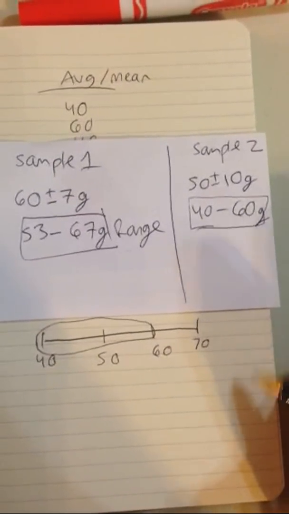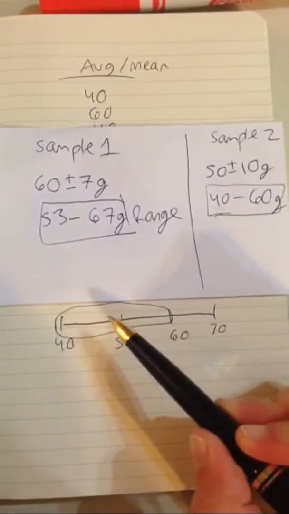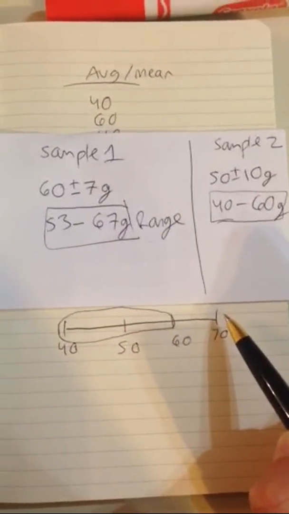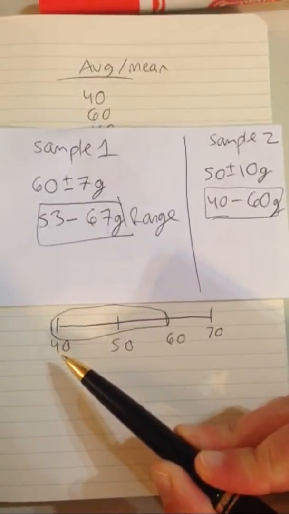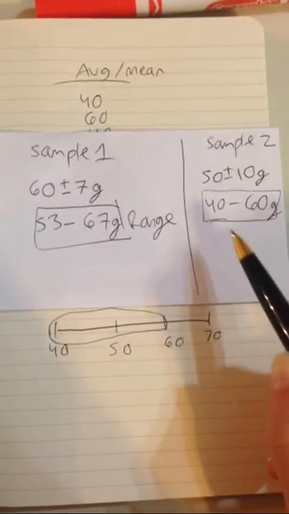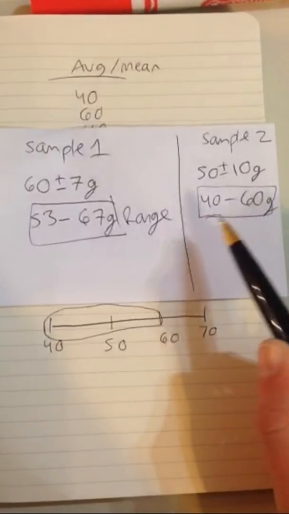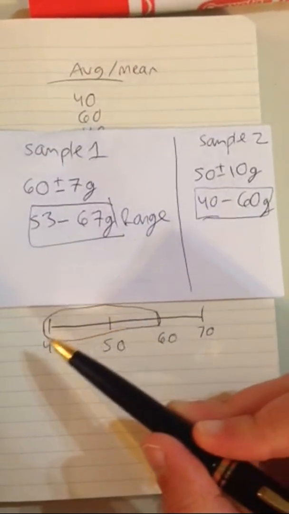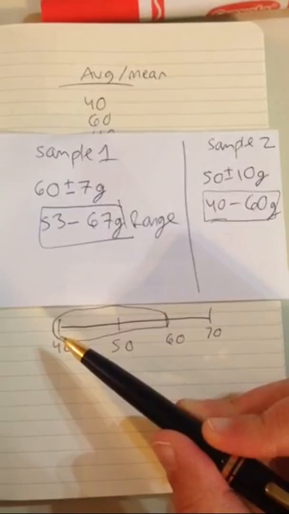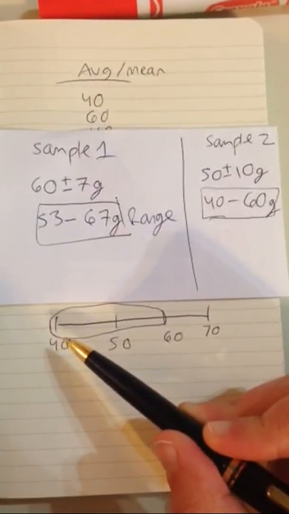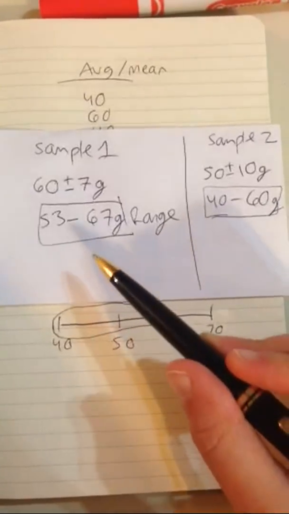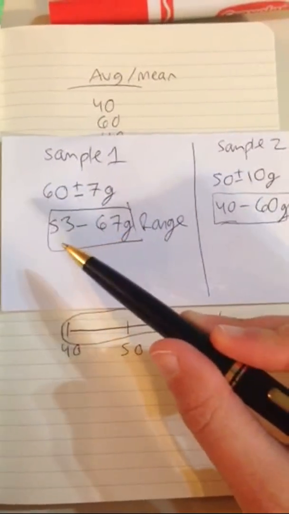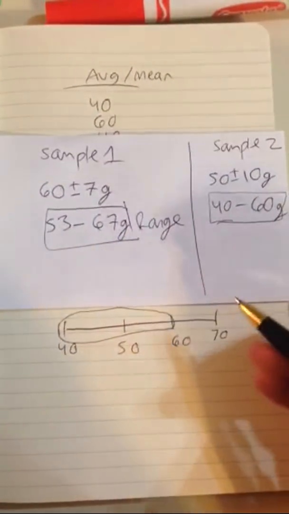Okay, so now we can finally compare our sample set. So I started drawing a number line here. So overall, it looks like our samples fall within the range of 40 grams to 70 grams. Sample 2, on the low end, could weigh as low as 40 grams. Sample 2 were the split mung beans. They weigh in this range. Sample 1, the yellow split peas, weighed between 53 and 67 grams.